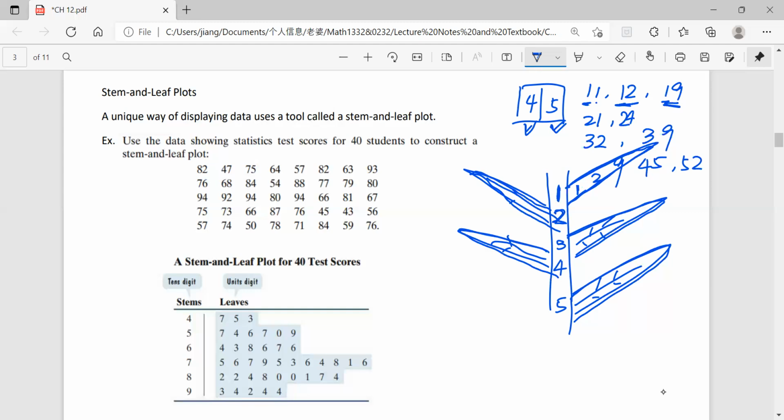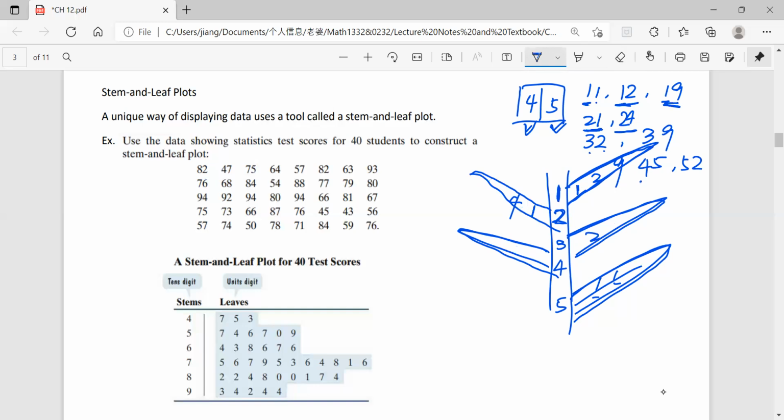How about the 2? So for the 2, the tens digit is 2. And for 21, the unit digit is 1, so I have 1. And for 24, the unit digit is 4, so I have 4. And for 3, I have 32, so 2.